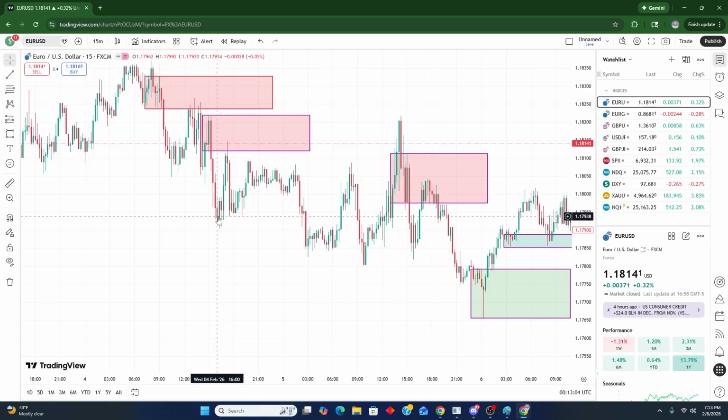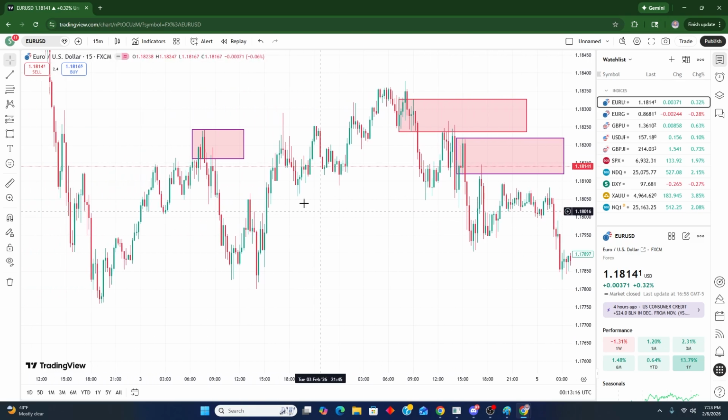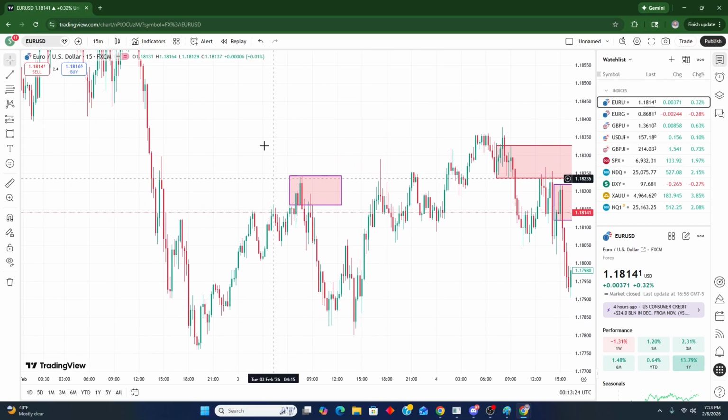Aggressive selling, come back in, drop. Same here. Aggressive selling, came back in, dropped. Aggressive selling, came back in, soon as we got in, rejected, drop.